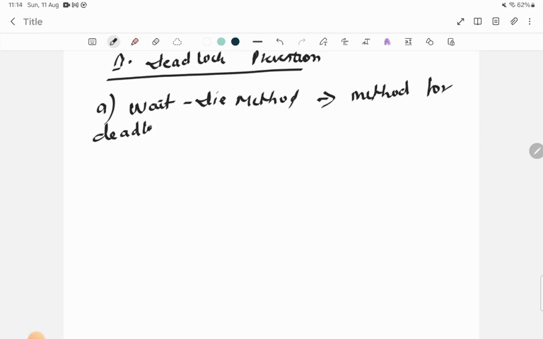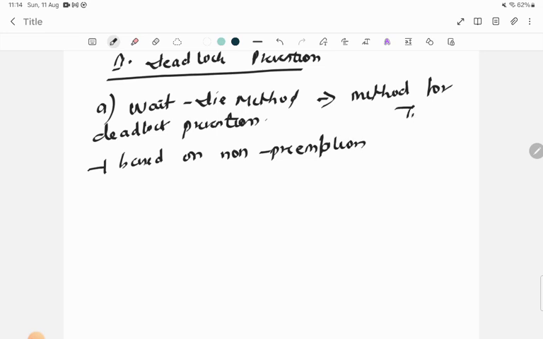Sometimes they ask you this in MCQ questions, like which one of the methods is a deadlock prevention method? So the wait-die method. Okay, so this method is based on non-preemption. Non-preemption means suppose there is a transaction T1 and it is using a resource R1.